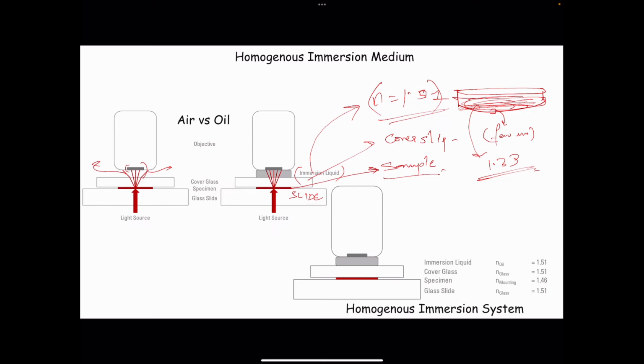Now, that's where basically the concept of homogeneous immersion media comes in. The idea behind homogeneous immersion media is that when you are using different refractive indices in your sample preparation itself, then you have that many different refraction episodes which the light will encounter while it is passing from one medium to another.